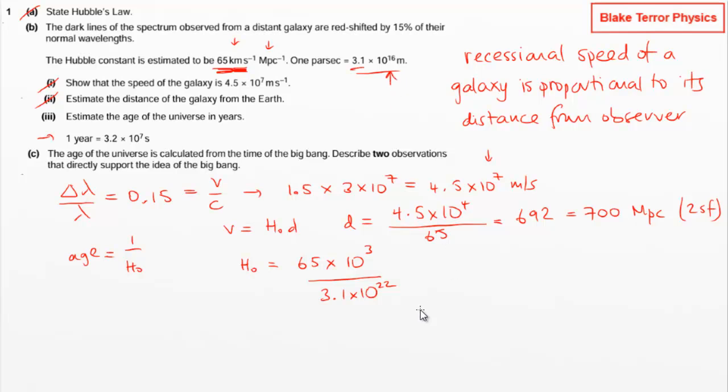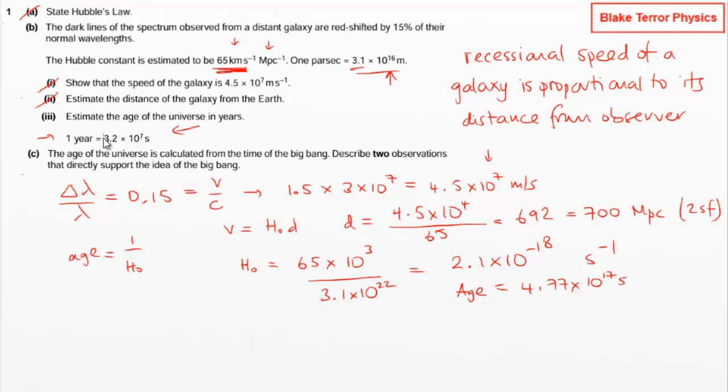So we have to add an extra 6 on the power there. That's giving us 2.1 times 10 to the -18. That's seconds to the -1. So that can then give us the age. We just have to flip that, take the reciprocal of that, but then we need to turn it into years. So we can say the age then, reciprocal of this is giving us 4.77 times 10 to the 17 seconds.